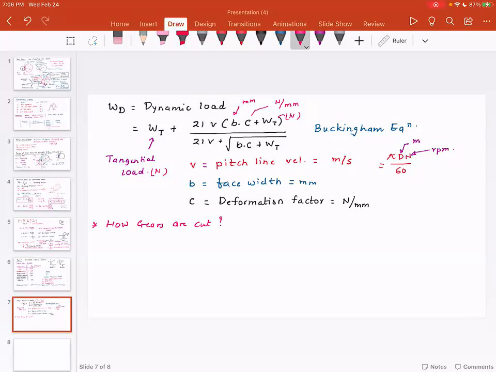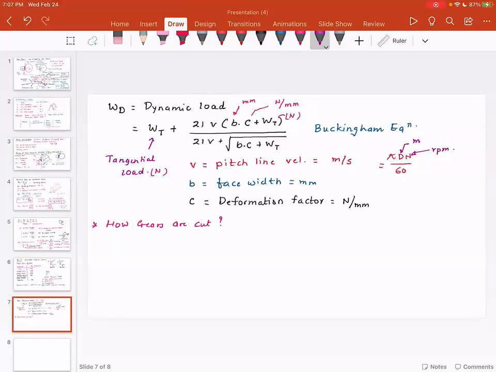You have a specific cutter, and on that cutter you have something called the error in action. That means it's sort of a tolerance on the gear cutter. So depending upon what type of error in action you have, the form of the gear, and the material, you have different values of C.